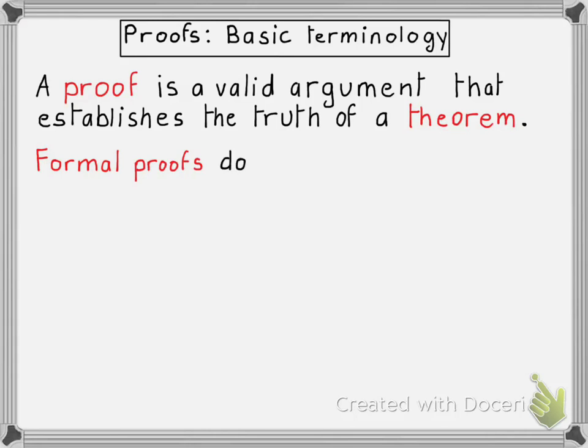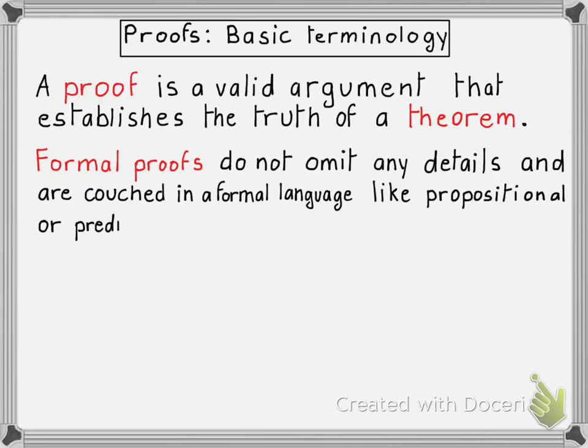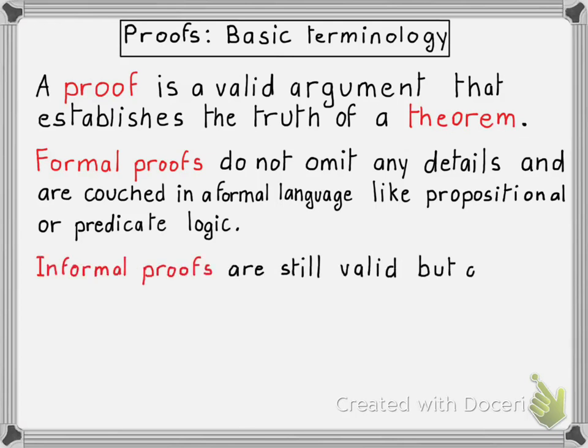Now, we've already focused on formal proofs. These proofs are very detailed. In fact, they do not skip any detail, and they are written in a formal language like propositional logic or predicate logic. That's what we've been focusing on so far, because we've focused on logic. As we progress throughout this course, we're going to be more interested in informal proofs.